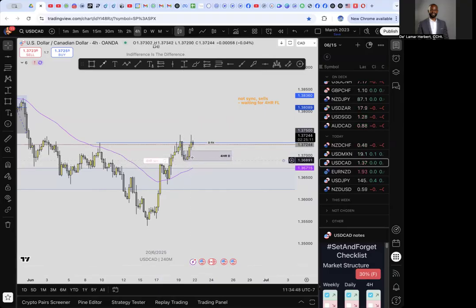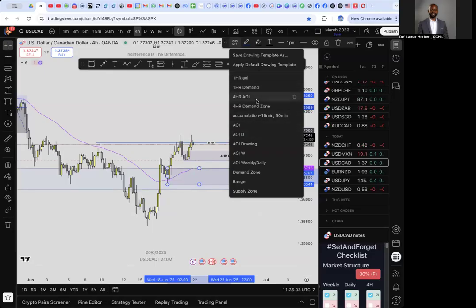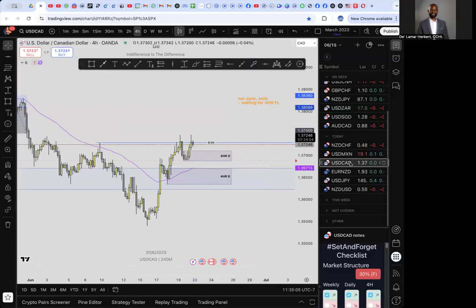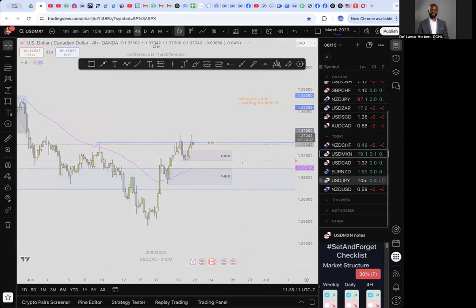So we can just be careful with this demand zone. We might take it and then come into this lower demand zone, which might be our premium demand zone, I believe they call it. All right, and then I have my alerts there if we get close to that first low, which I think it will take.